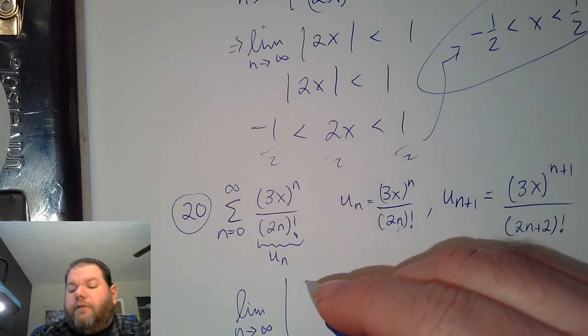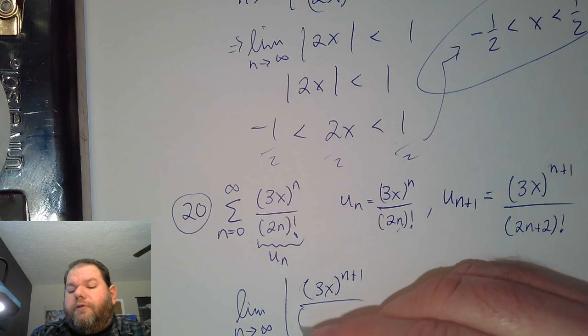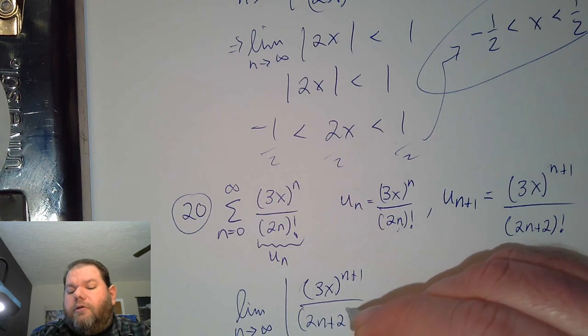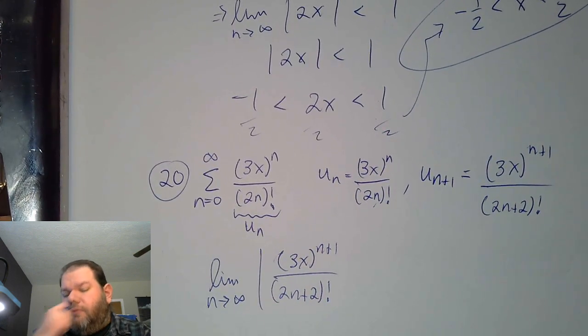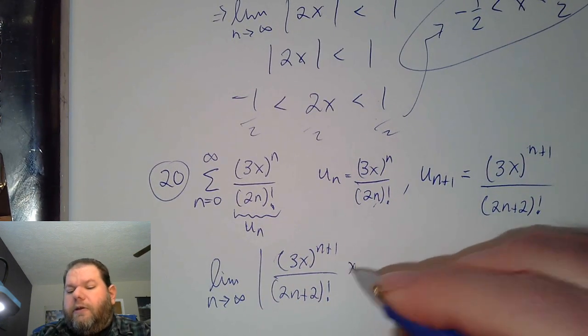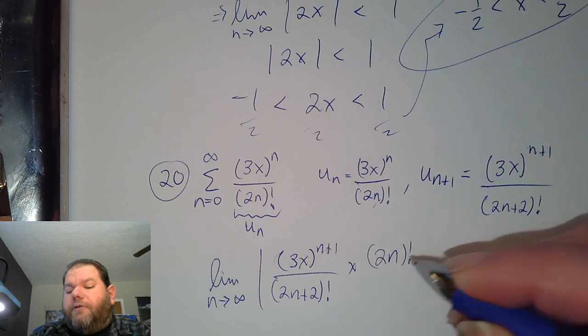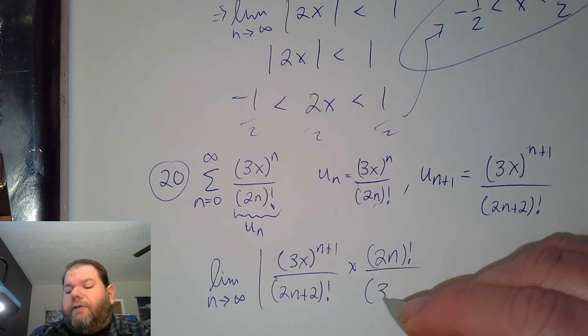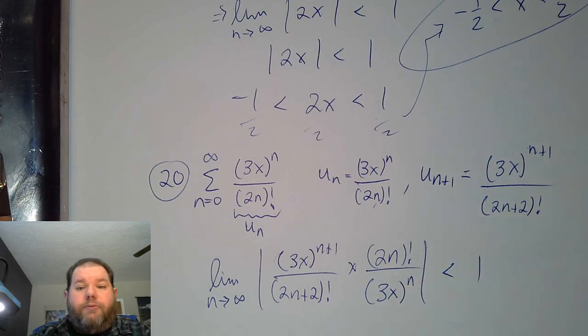So it's 3x to the n plus 1 over 2n plus 2 factorial, times 2n factorial over 3x to the n. And we want that to be less than 1.